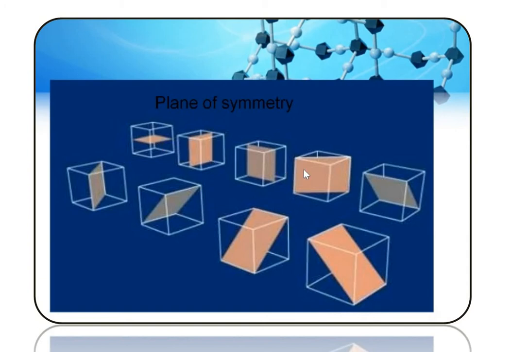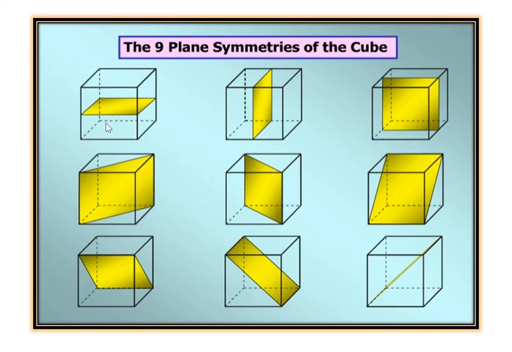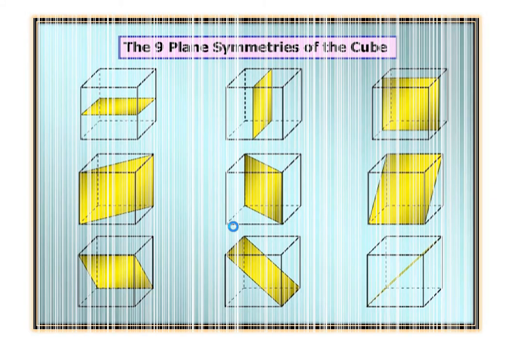Likewise, in all there are 9 possibilities in which the plane is symmetrical. Your idea will be clearer by seeing these images. So here 3 and 3 and 3, in all 9 planes of symmetry of the cube.